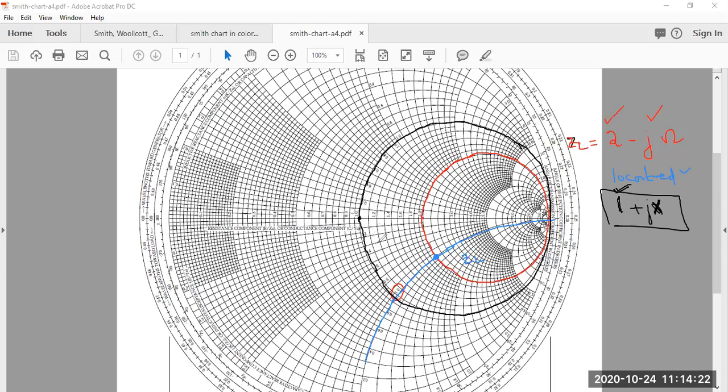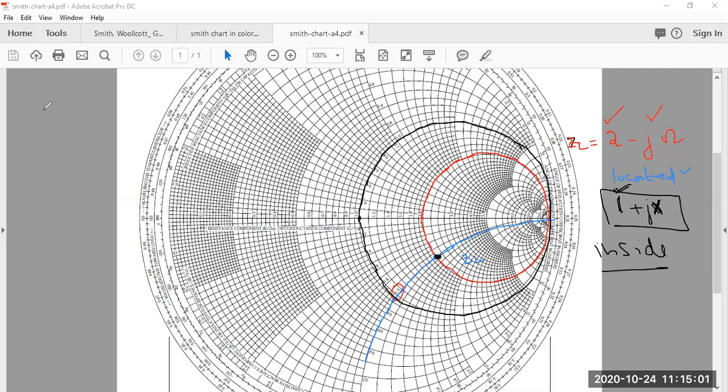So the question was how you are going to decide which L network to use. You need to find out whether the normalized load is inside the 1 plus jx circle or outside. In this example, it's obvious that ZL is over here, so it is inside. When the normalized impedance is inside the 1 plus jx circle, we decide that L network 1 is going to be used.